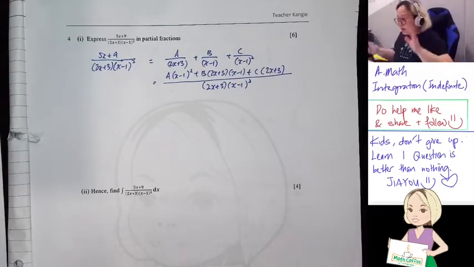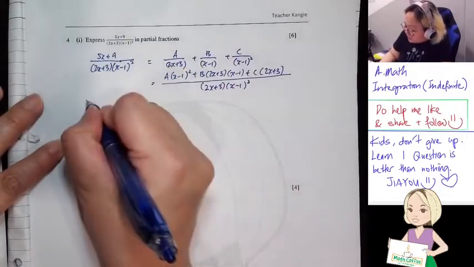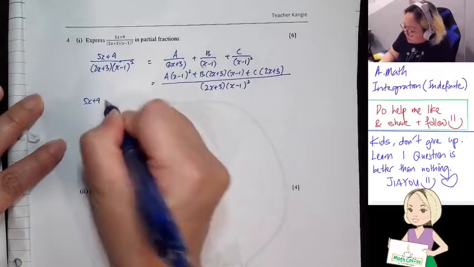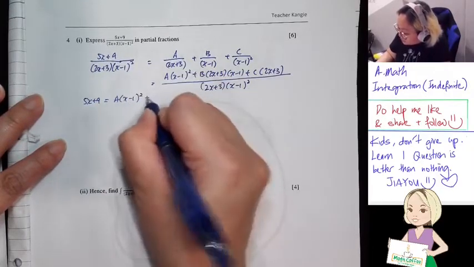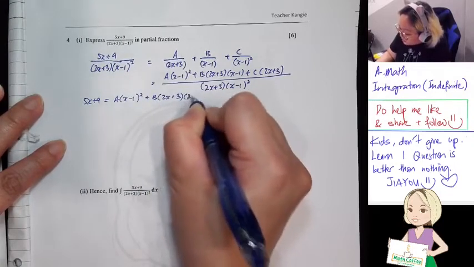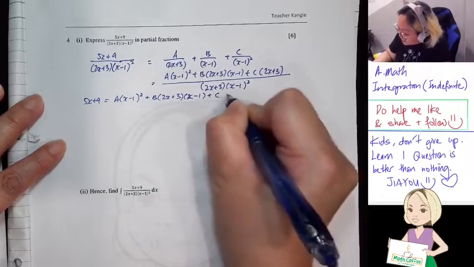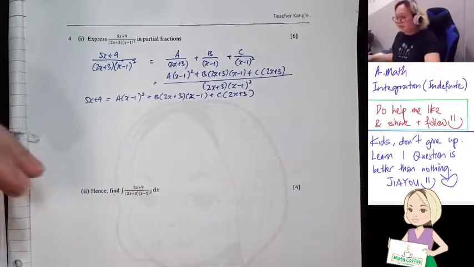Then I will compare, so 5x plus 9 equals a times x minus 1 squared plus b times 2x plus 3 times x minus 1 plus c times 2x plus 3. Limited space here, so a bit untidy.